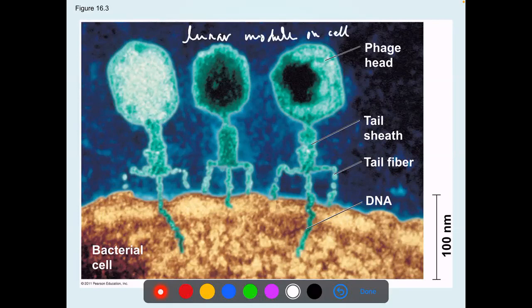To me, it's kind of like my dog, okay? But as you can see, they landed on the cell surface, and then they are injecting DNA. So this is the DNA molecule. They are injecting it. It's a very, very nice picture. This is the bacterial cell they are going into.